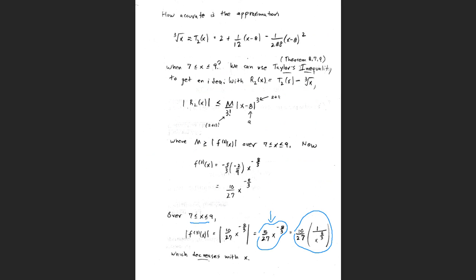So this means that our third derivative is decreasing with x. So to get our error bound, we want to find where that third derivative is maximized. It's no different than when you had to find the k value for the error bounds in section 5.9.